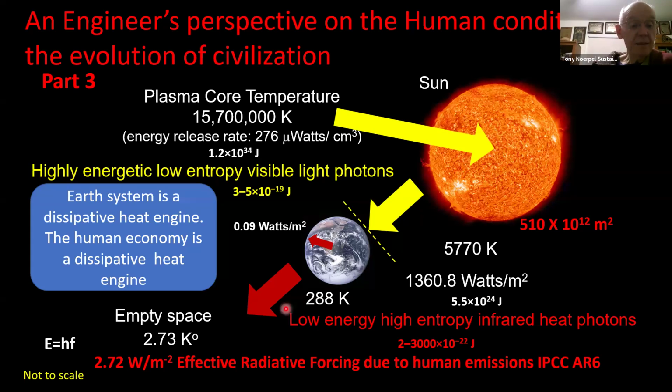Empty space is a cold reservoir, and the Earth system is a dissipative heat engine. It receives highly energetic, low entropy visible light photons, and converts them into low energy, high entropy infrared heat photons. And in the process of doing that, it does work. That work drives wind, grows plants, and runs the human economy at the end of the day.